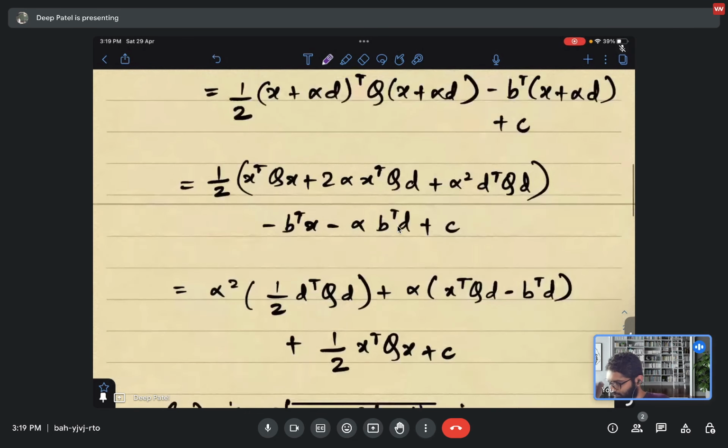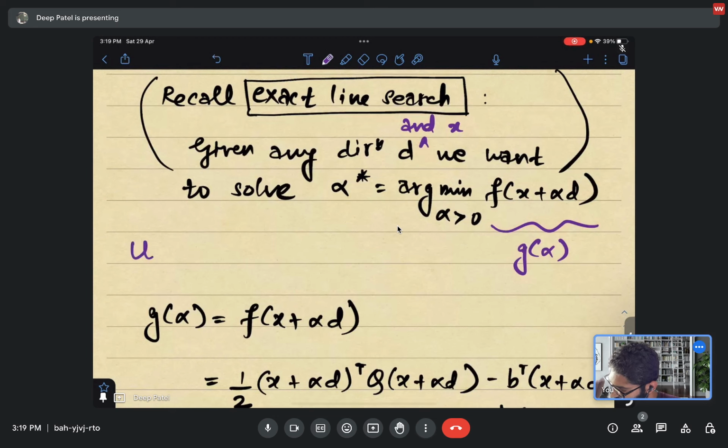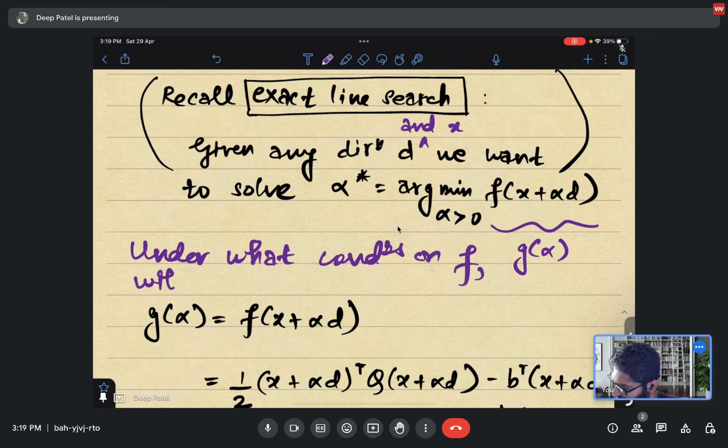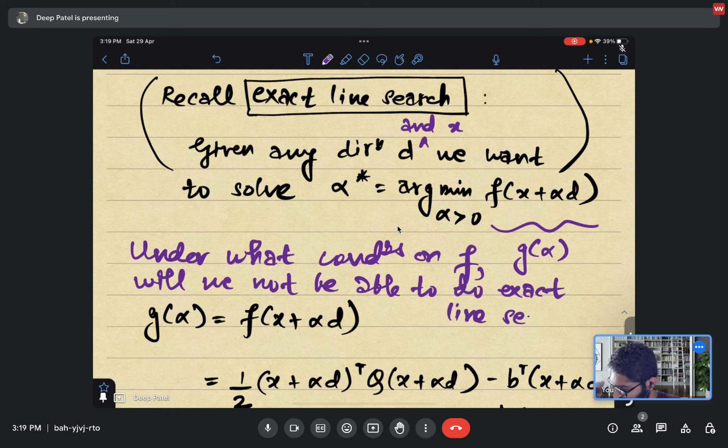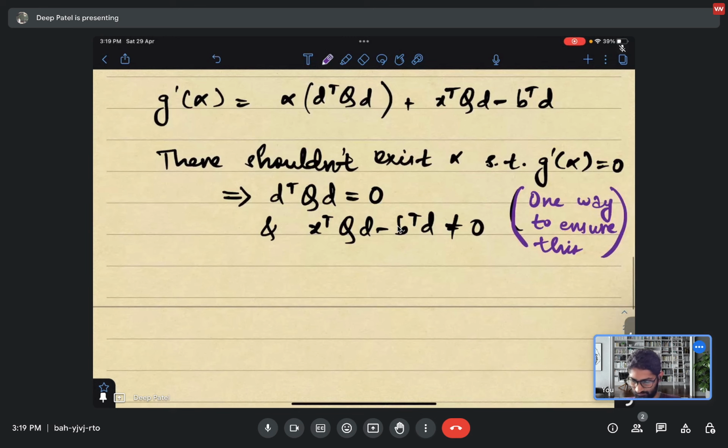So maybe if it's not clear, let me write it here. Under what conditions on F will we not be able to do exact line search? Okay, that's the question. So let's push it out there.